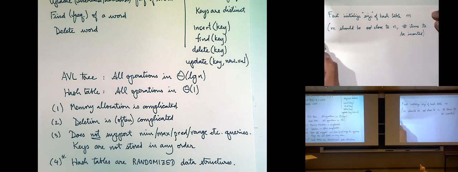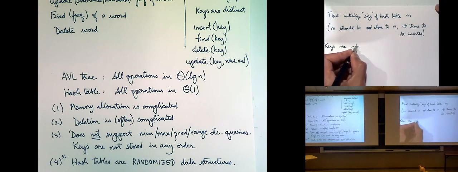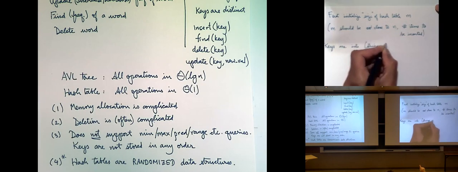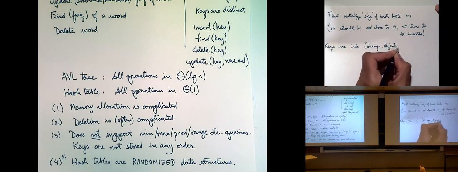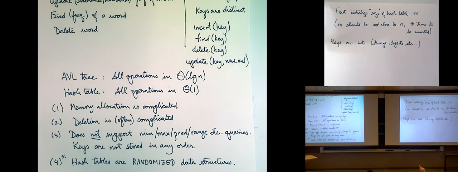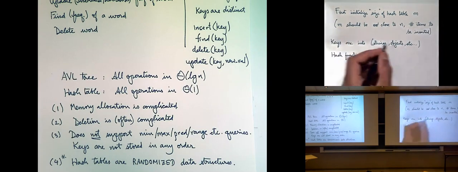So the keys, I'm going to assume, are ints, but in general, you can assume them to be strings, objects, etc. It doesn't matter, but let's just think of it as ints. And so what we now need is something called a hash function. So keys are ints.